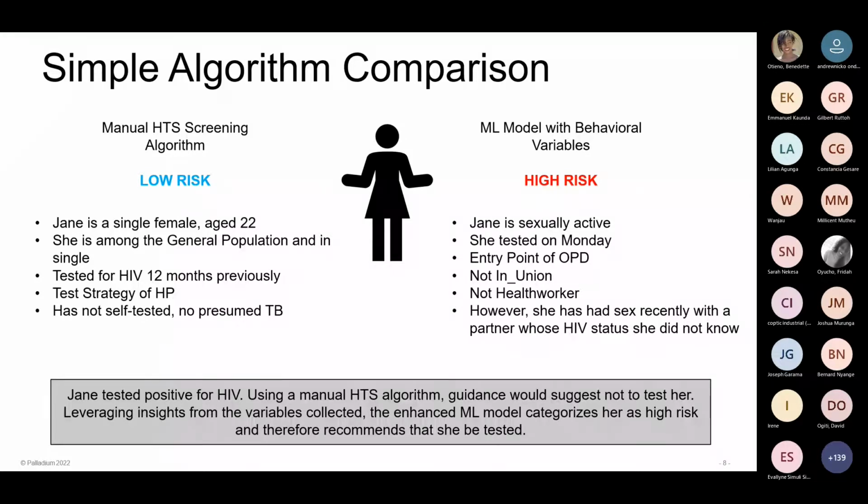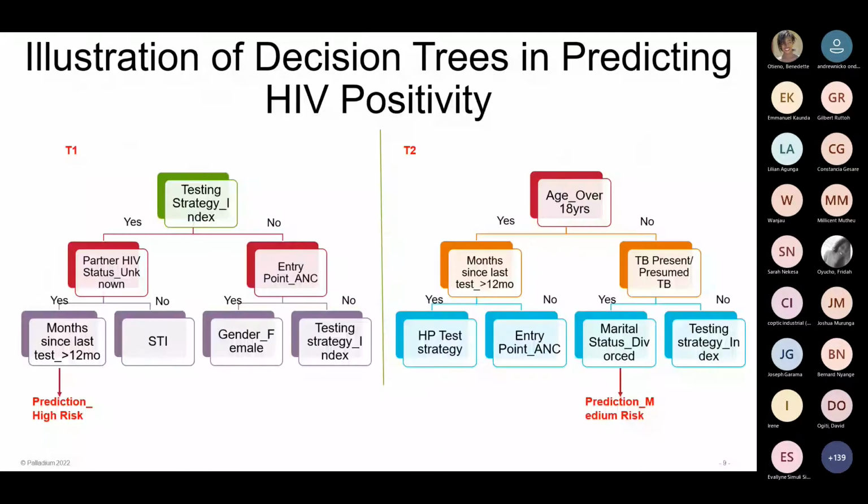Jane actually tested positive, and we confirmed that using the manual HTS algorithm, this would not have been possible, as the guidance would suggest not to test her. So this is, again, a demonstration of how we can leverage the ML to actually help guide on testing and screening clients.